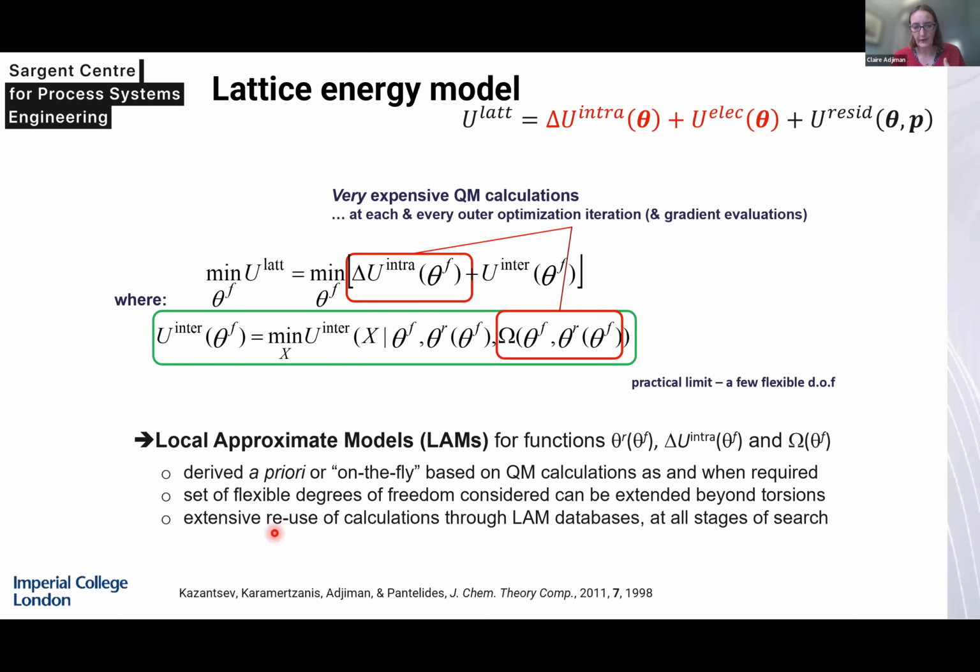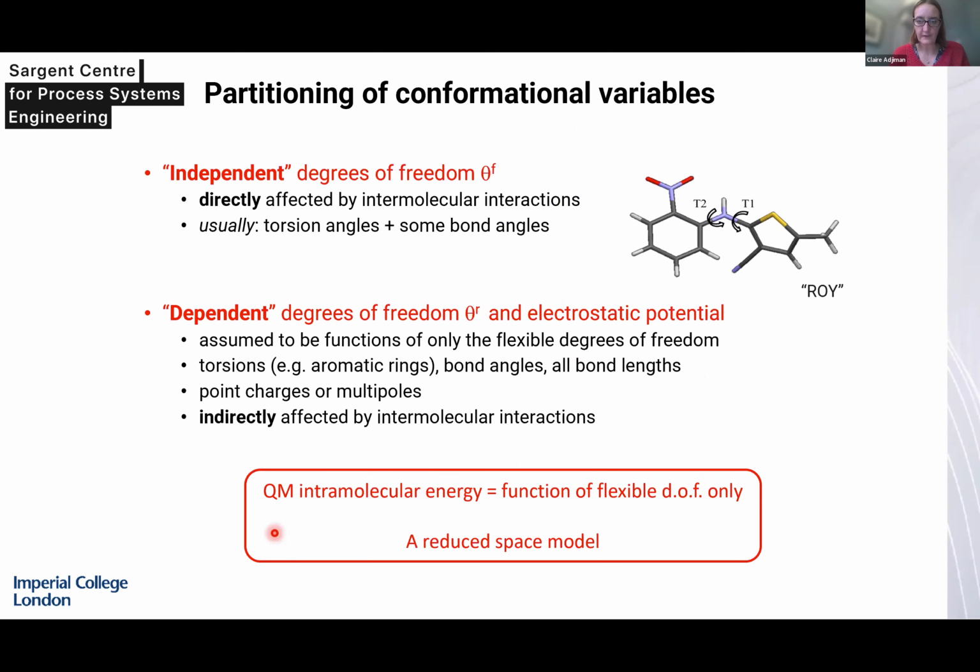And what we do in practice is that we always reuse our calculations. Anytime we do a QM calculation, we store it in a database and we then reuse it later. And we can reuse it often in the global search, but also in the refinement stages, at least the first refinement stage. Okay, so this reusability is really important for efficiency.